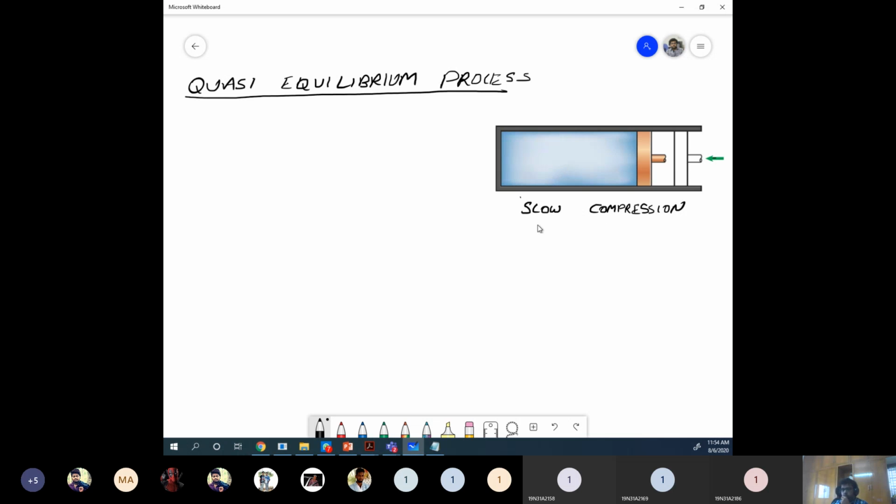Assume that it is very, very slow. You are moving it very, very slowly. When you are considering a process like this, instead of typing it, I'll put this up.